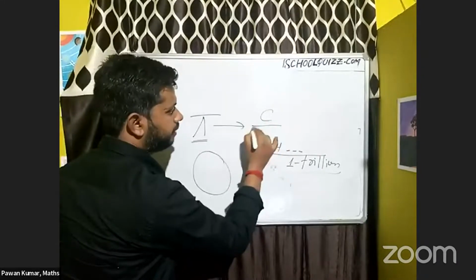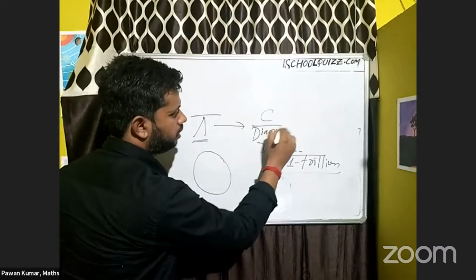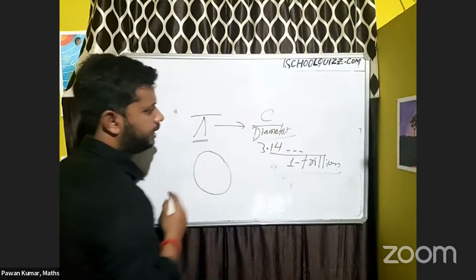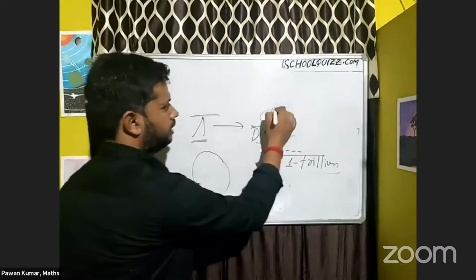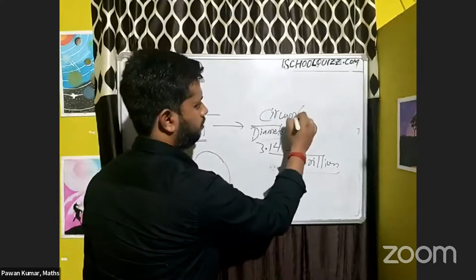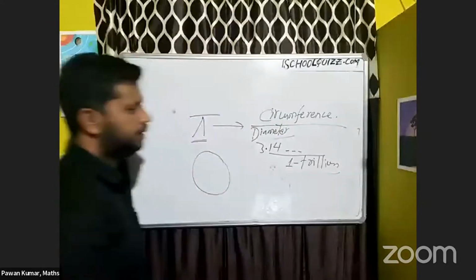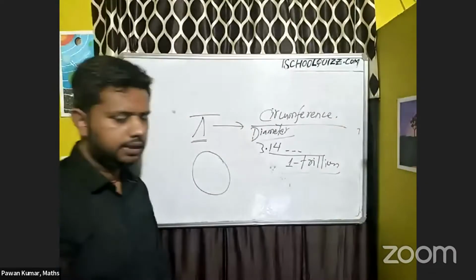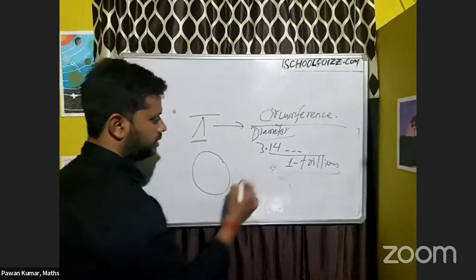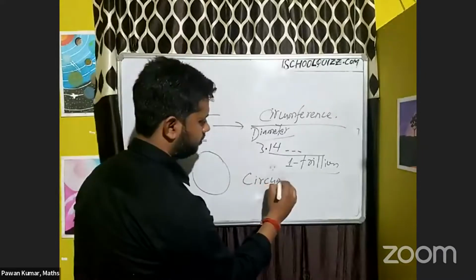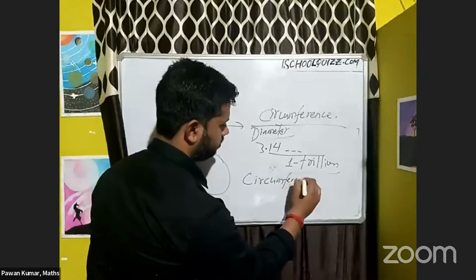Circumference by diameter. What is the value of pi? Circumference by diameter. Okay, because what is the circumference of a circle? 2 pi r.